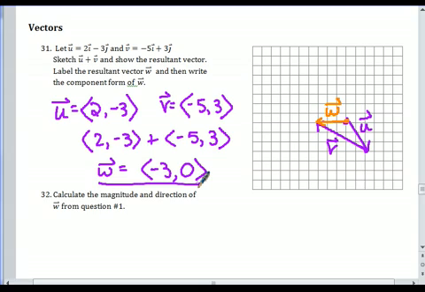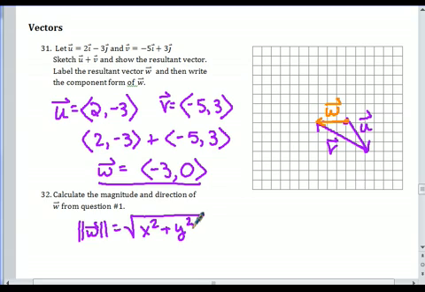Now question 32 asks us to calculate the magnitude and the direction of vector w. If you look on your vector foldable, we see that the formula for magnitude of vector w is simply equal to the square root of the horizontal component squared plus the vertical component squared. Basically, it's the Pythagorean theorem.